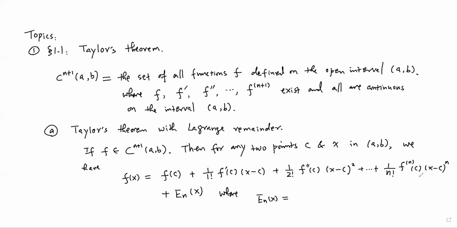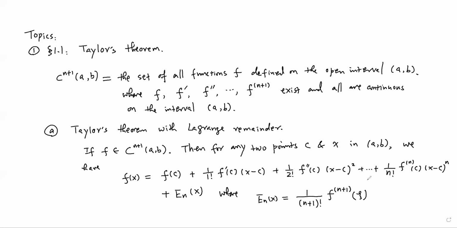The error term is very similar to the last term here, very similar. 1 over n plus 1 factorial. Here is n factorial. Here is n plus 1 factorial. Here, derivative n times. Here, in the error term, derivative n plus 1 times, evaluated at some point psi. What psi is? We don't know.